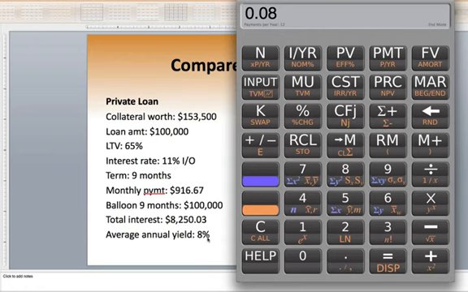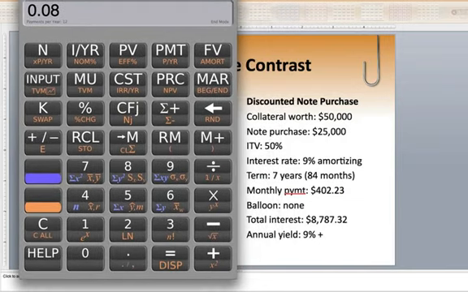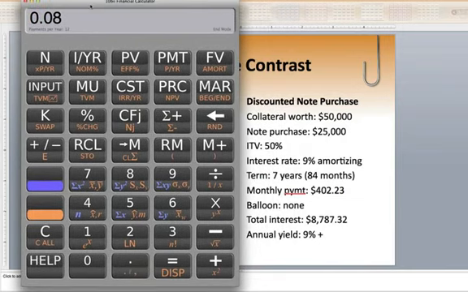Any questions? On the other side, we've got a discounted note. In this situation, I'm going to do clear all here. The collateral, that means the property underneath securing the loan, is $50,000. And the note purchase, let's say we paid $25,000 for this note.